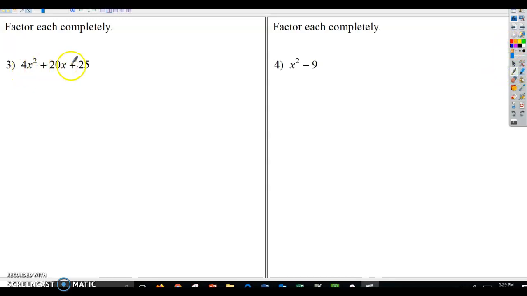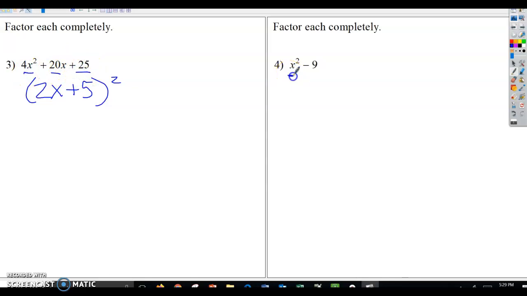All right, perfect square. Again, I can say 2x plus 5 is squared. Twice the middle term, so this is 10x times 2 is 20x. This fits perfectly into the perfect squares. This is a difference of two squares. This is easy to recognize too because this is a perfect square trinomial, 3 terms, 1, 2, 3.